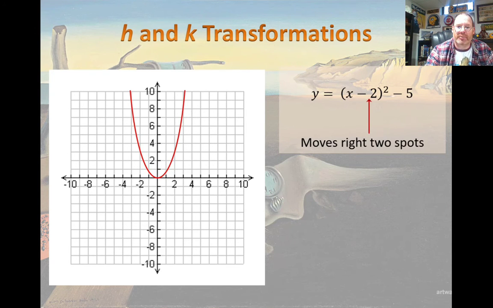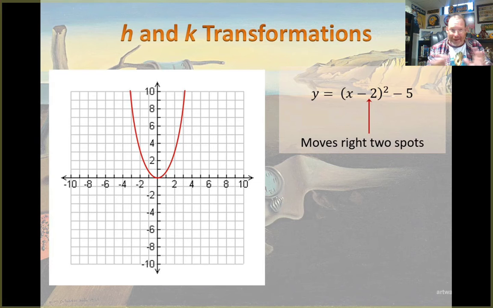The first one, inside the parentheses, moves the graph right 2 spots. So what I want you to think of, and I'm going to show the whole graph sliding around on here, but when you're making these graphs yourself, just think about the vertex. Just think about that point moving, okay? Because I'm going to have you think about it 2 different ways. Just move that point around and then draw your graph when you're finished.